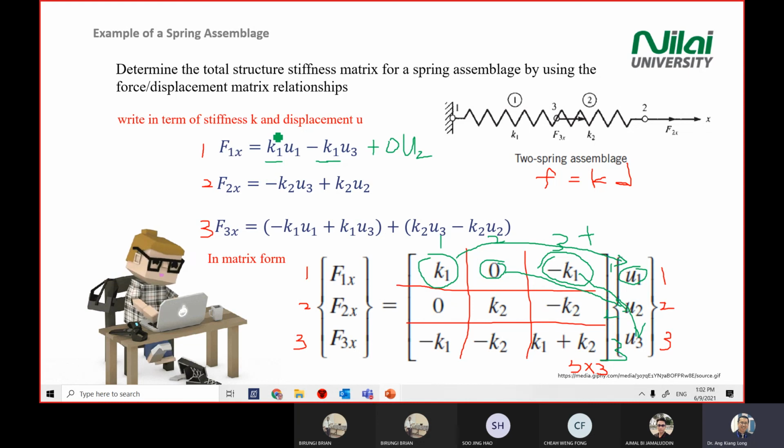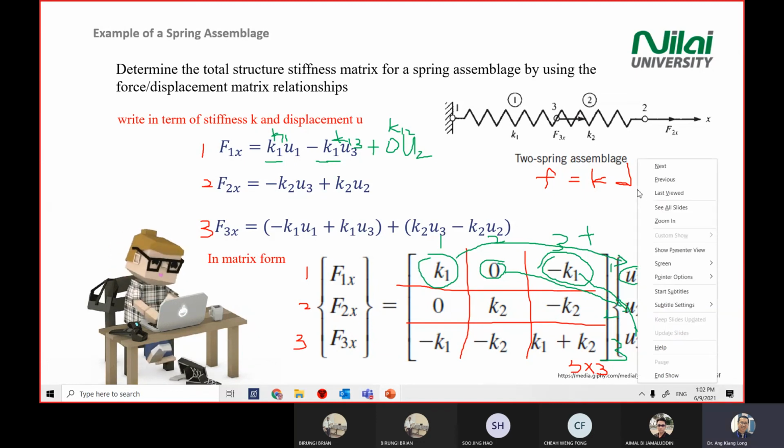So how do you write? This one is K11. This is K13. This is K12. So this is K11, K12, K13. You park your K accordingly.